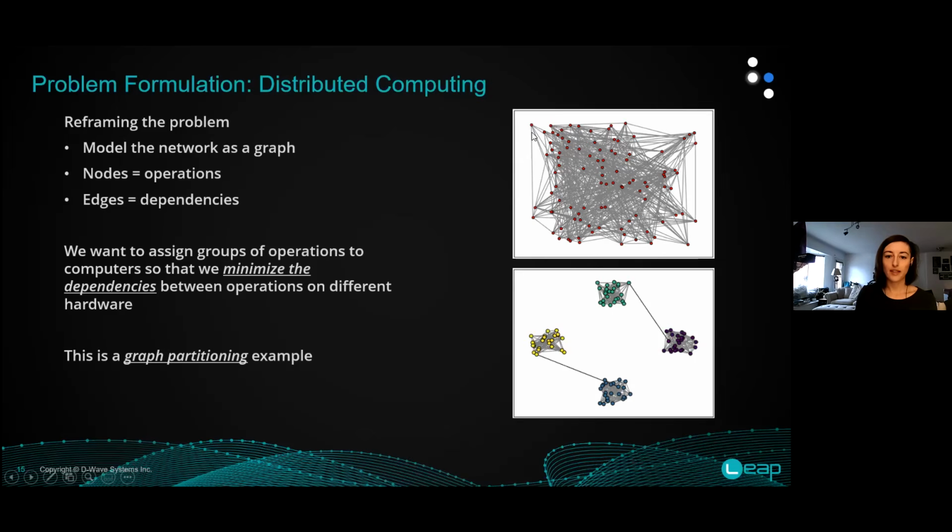The red nodes represent operations or tasks, and the gray lines between them represent dependencies between those two nodes. The goal is to assign nodes to partitions or to compute resources such that we minimize the number of edges that occur between partitions. So as you can see in this bottom figure here. You may notice, especially when we look at the bottom figure, that this is just a graph partitioning example.